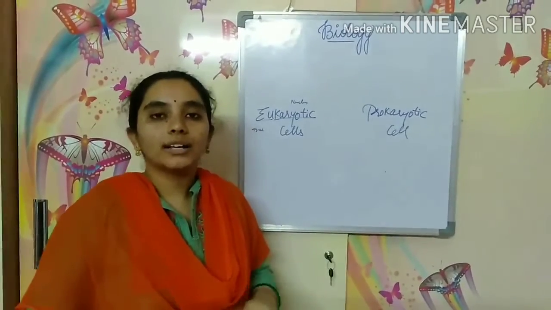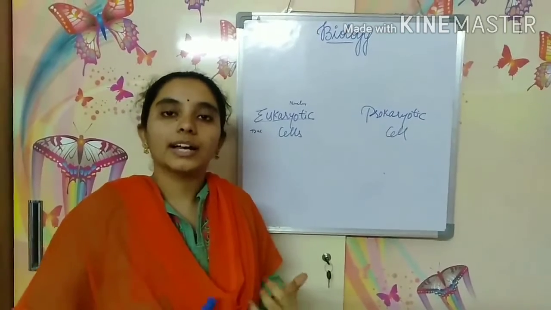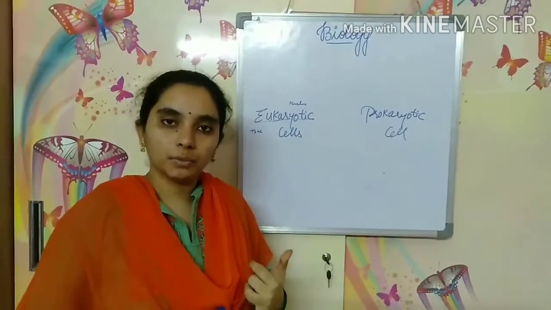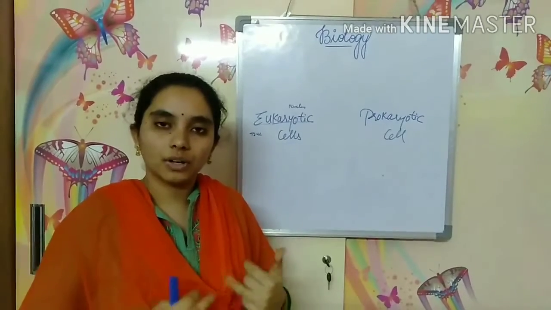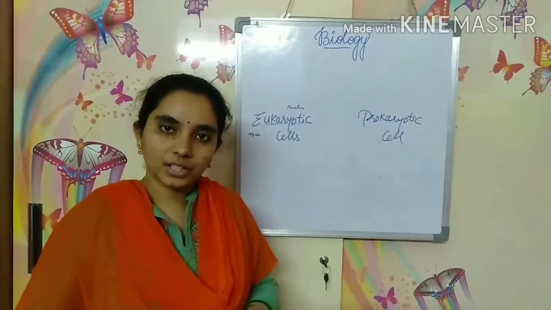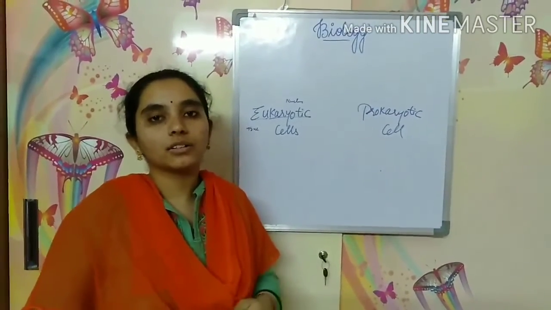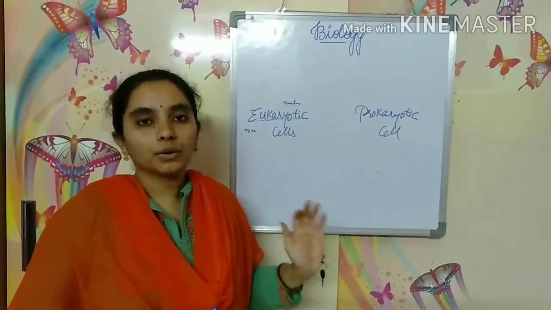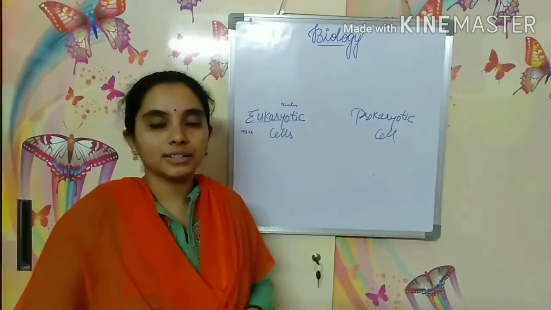The only cells that don't have a nucleus are RBCs, the red blood cells of human beings, and phloem. Phloem is a tissue present in plants. Those cells also don't contain a nucleus, but all the rest of the plant and animal cells are eukaryotic cells.